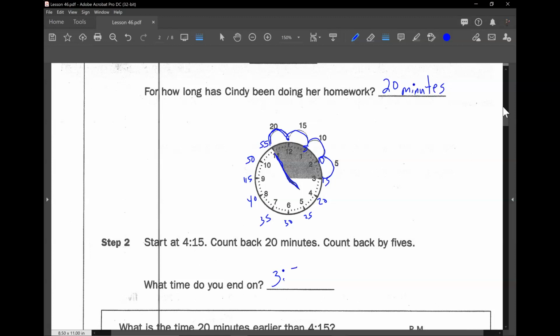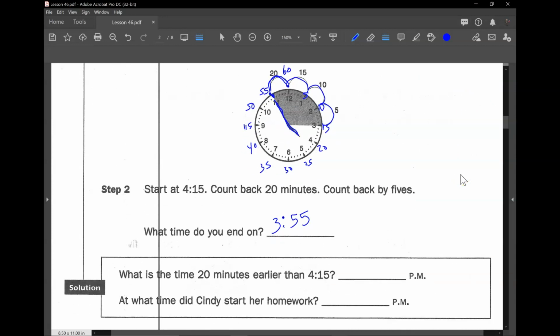So 3:55. Okay. Now, if you notice, when we counted backwards, it stopped at the 11. That gives us 5 more minutes to get to 4 o'clock. So 5 minutes before 4 o'clock would be 3:55.